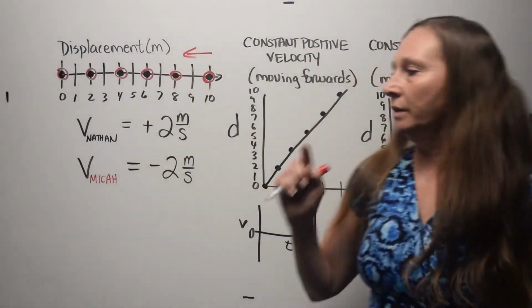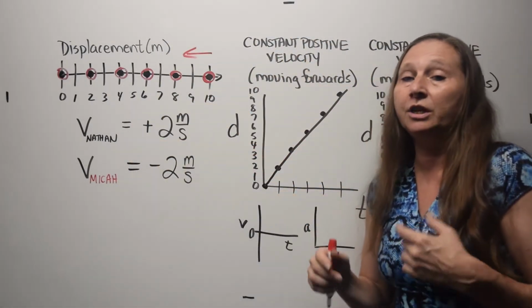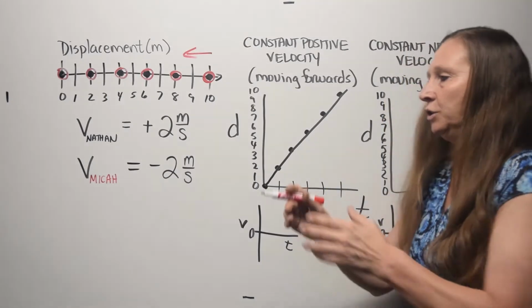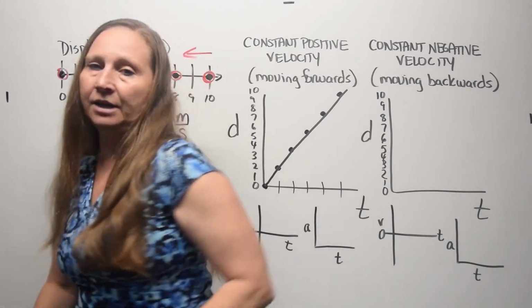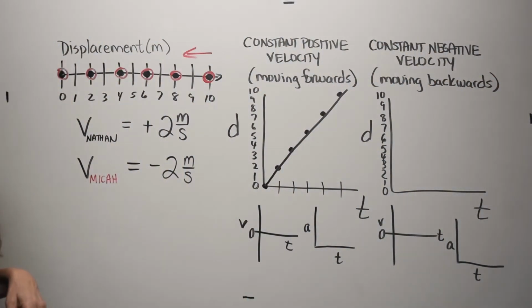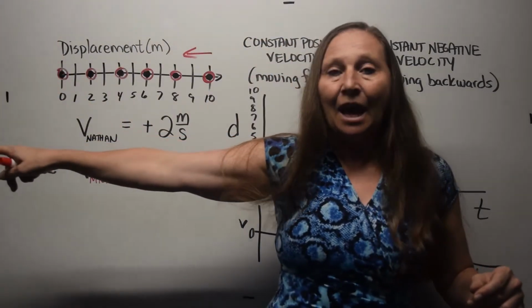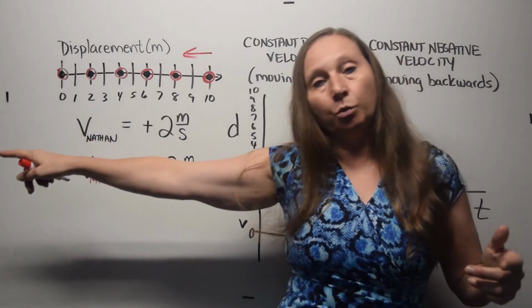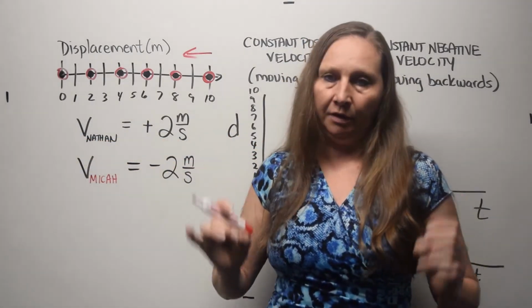As long as he's going from here to there, I don't care which direction he's facing. So this would be the same as this, as far as Micah is concerned. Either of those, walking to the left or to the west, is constant negative velocity.